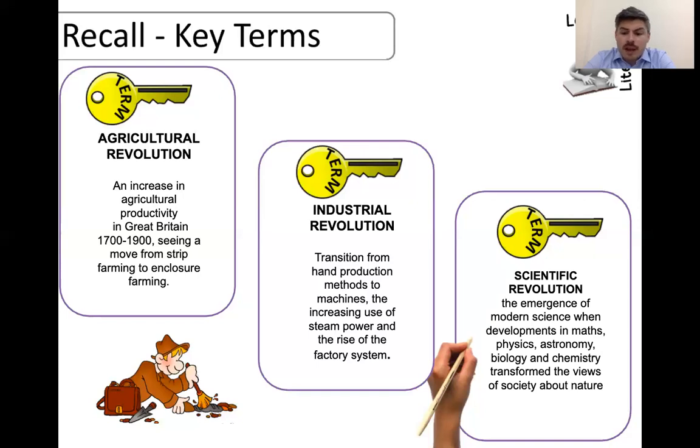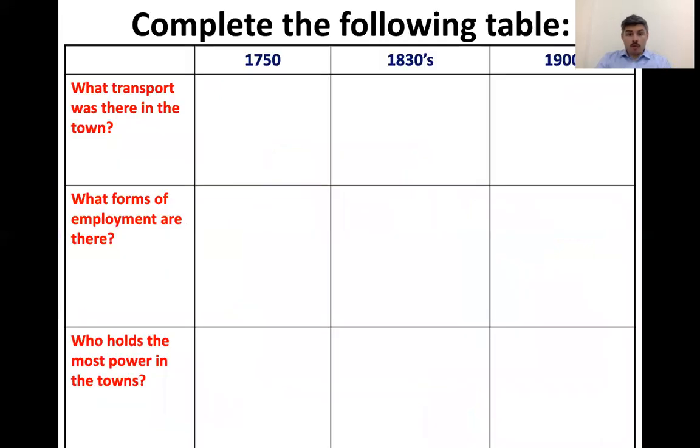So we're seeing a huge advancement in scientific knowledge in this period, and it was really going to change the way we looked at the world. So again, if you didn't get these three definitions down, please take your time now, pause the video, and make sure you have them. Perfect. So we can move on.